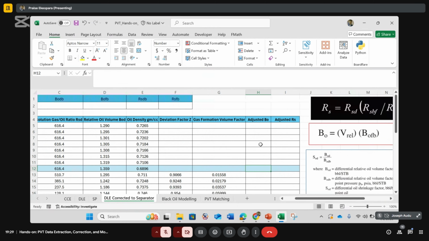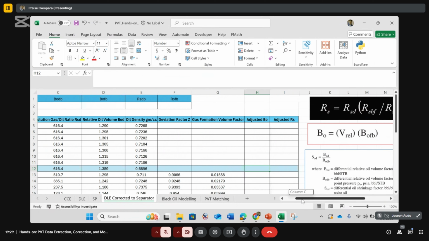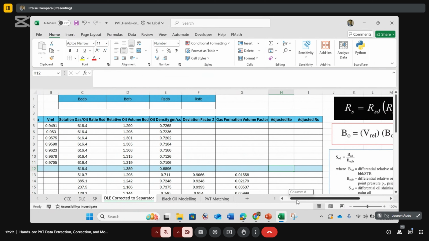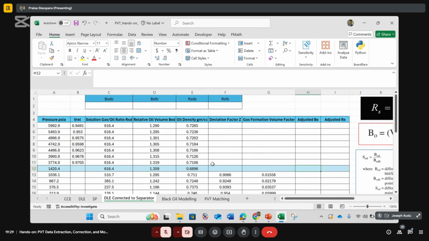Then to actually do this conversion, the correction to separator condition, we have key information we must bring out, we must extract. The first information we must extract will be our BODB. So I explained this in our last class. BODB is our oil formation volume factor at saturation point from the differential liberation.